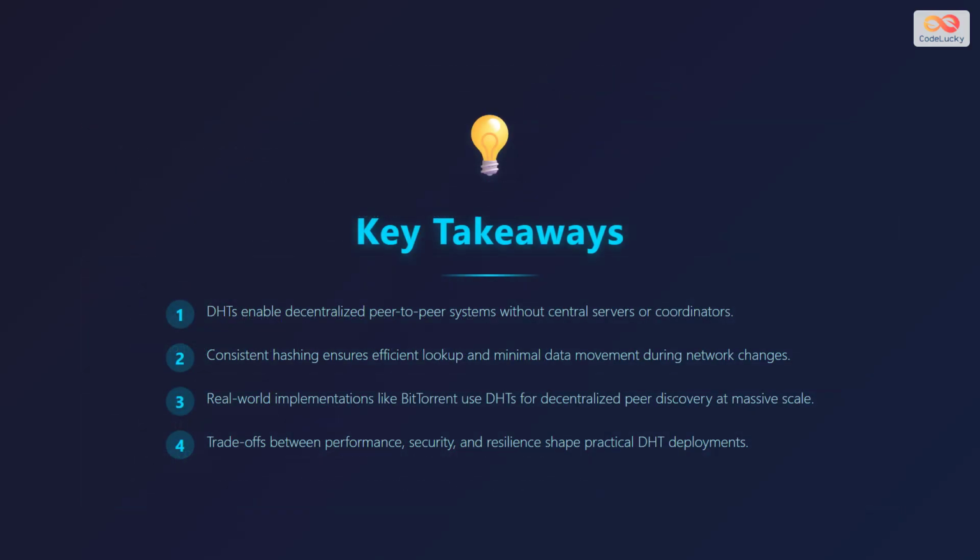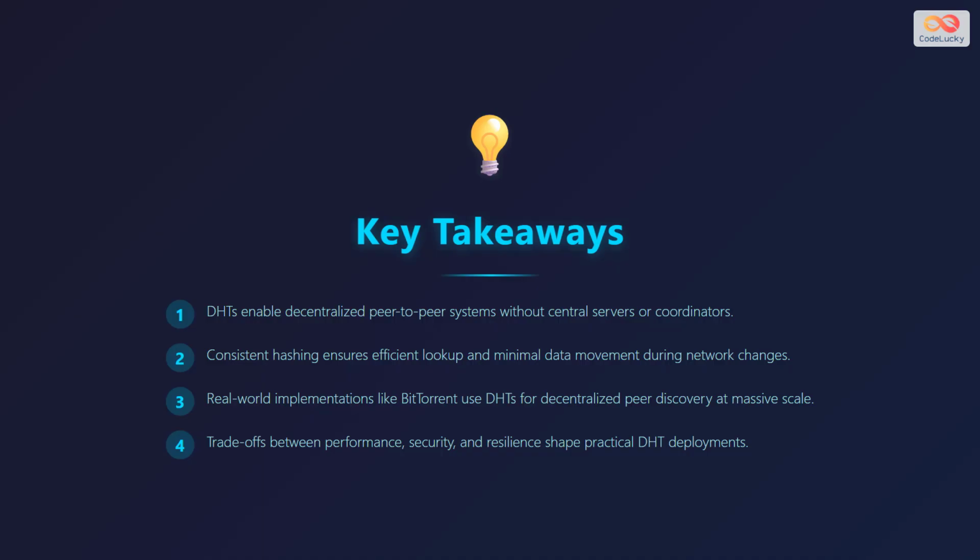Let's summarize the key takeaways. First, distributed hash tables enable decentralized peer-to-peer systems without central servers or coordinators. Any peer can participate equally in the network. Second, consistent hashing ensures efficient lookup and minimal data movement when peers join or leave the network.